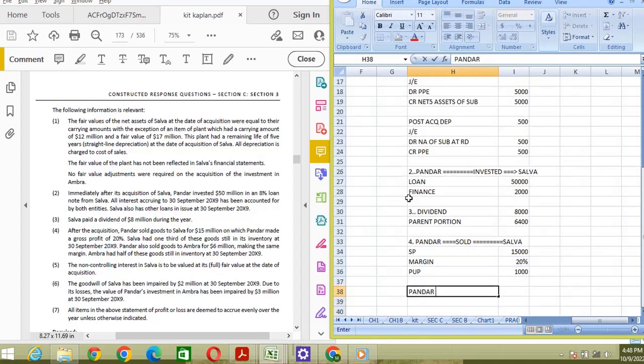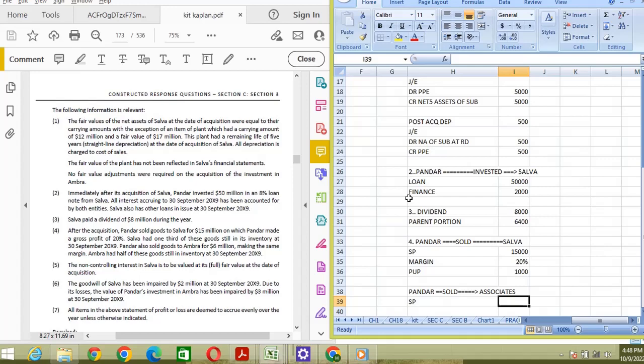Again, Pandar sold goods to the associate.